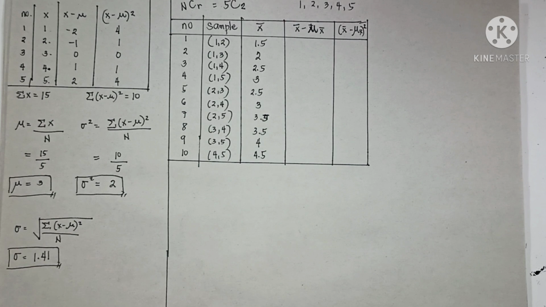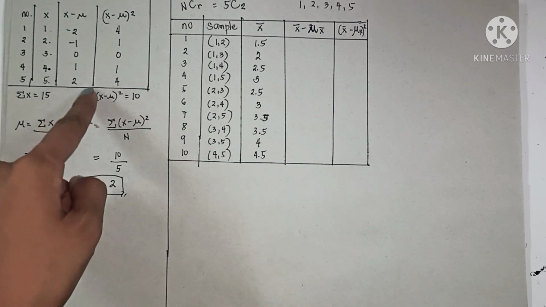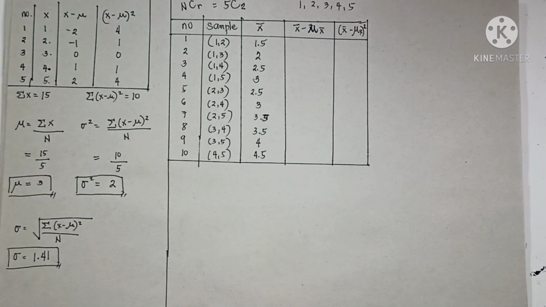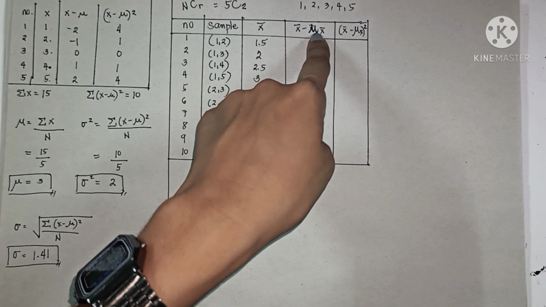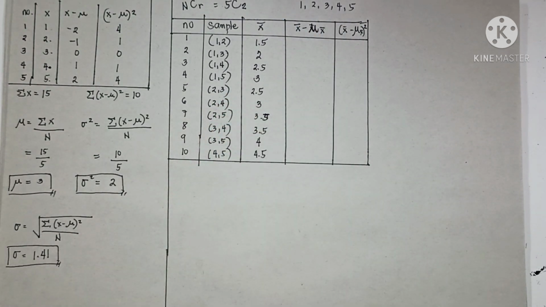next column is x bar minus mu sub x bar. So katulad nito, hindi ka nakapag-proceed sa sunod na column hanggat wala kang mu. So ganun din dito. Hindi ka makakapag-proceed sa next column hanggat wala kang mu sub x bar. Okay, or mean sub x bar.